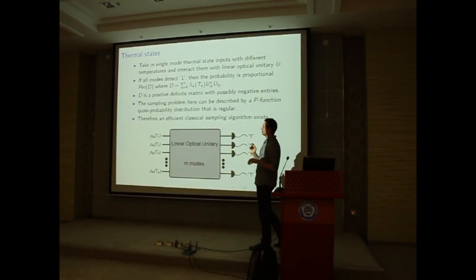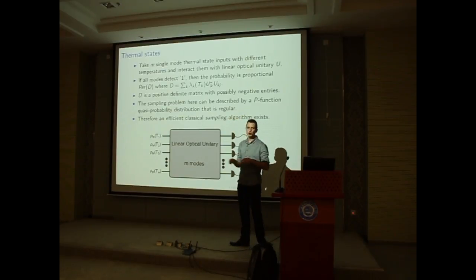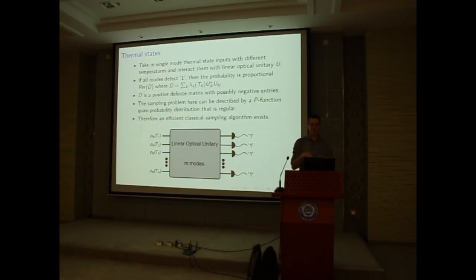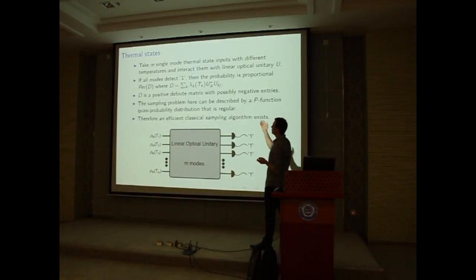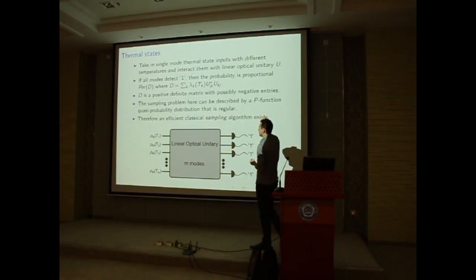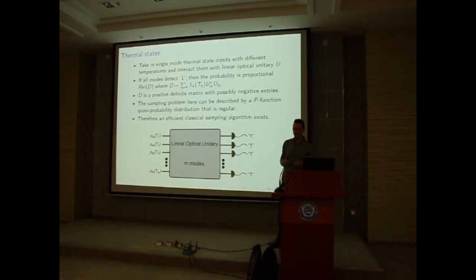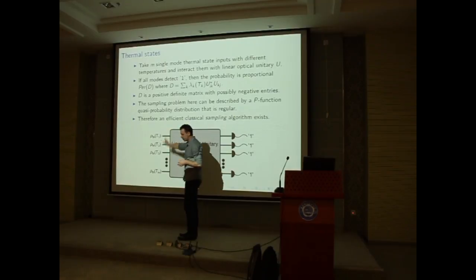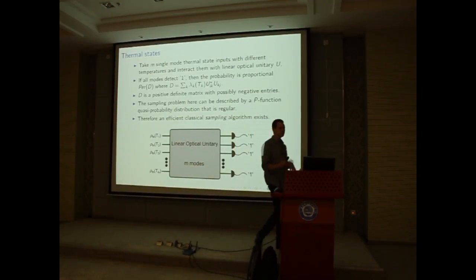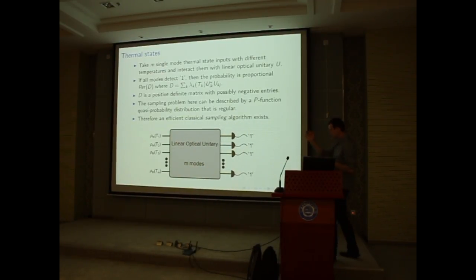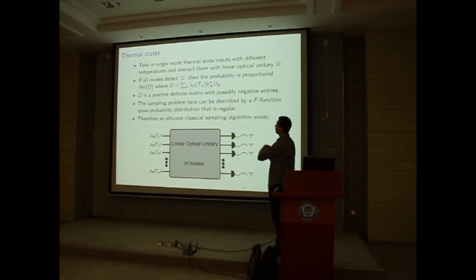But it turns out there's a subtlety. The matrix that you take is not an arbitrary unitary. It's not a submatrix of a unitary. It's a positive definite matrix whose decomposition is determined by the unitary and the temperatures of the thermal states that go in. So the eigenvalues are determined by the temperatures of the thermal states, and the unitary matrix which diagonalizes it is determined by the unitary. So the permanent is of this positive definite matrix, which is not entirely trivial.